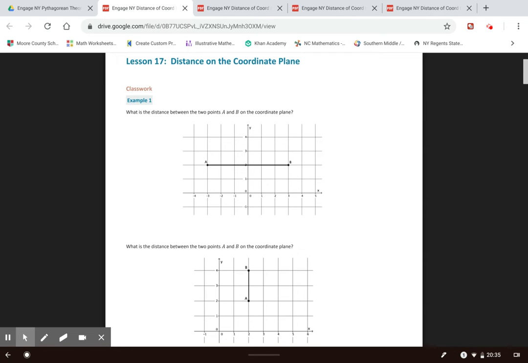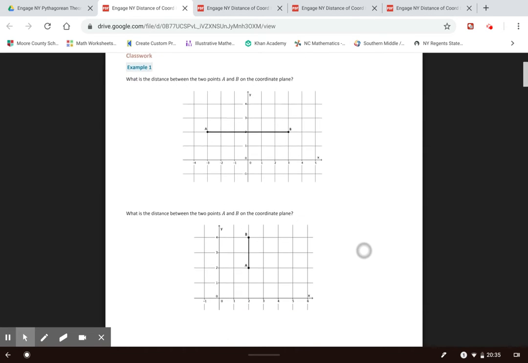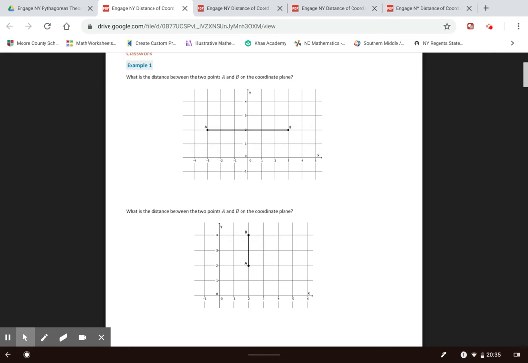So we begin today with finding distance on the coordinate plane. We've got three different types of distance: horizontal distance, vertical distance, and diagonal distance. Like you see here in our example number one, points A and B are horizontal.